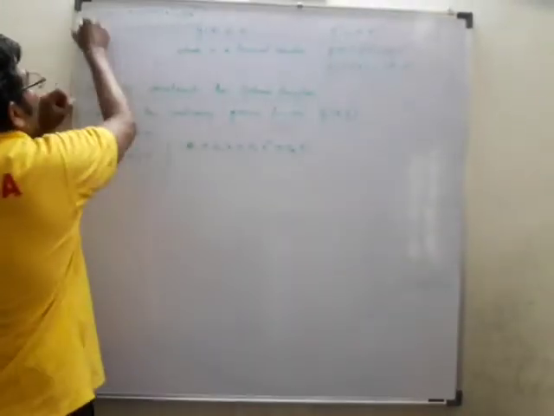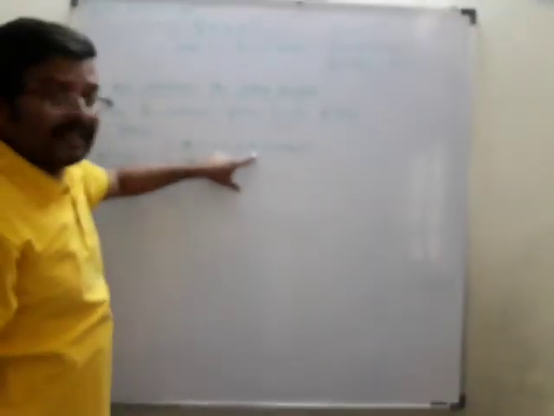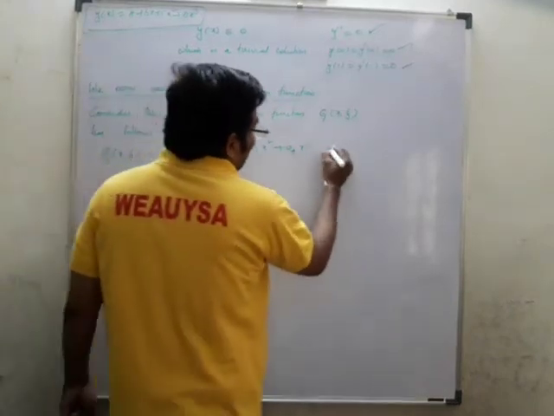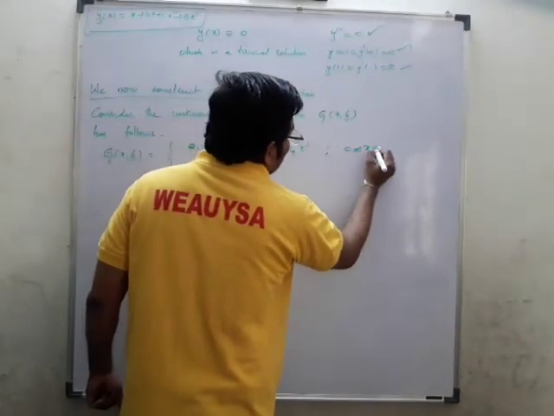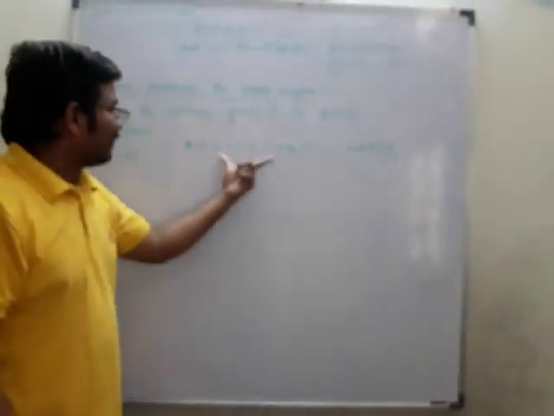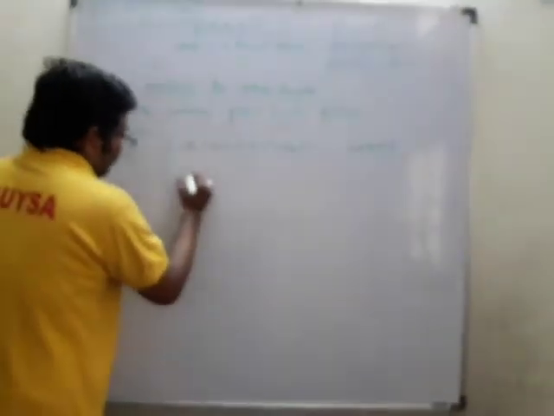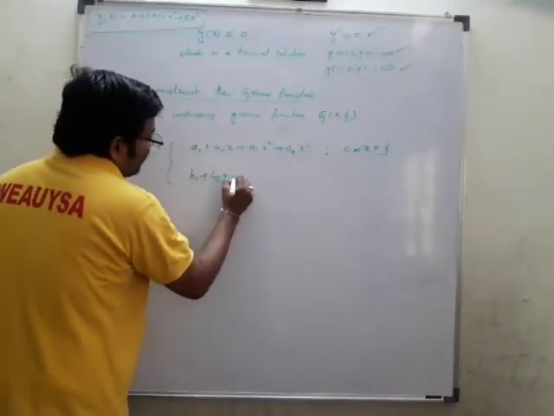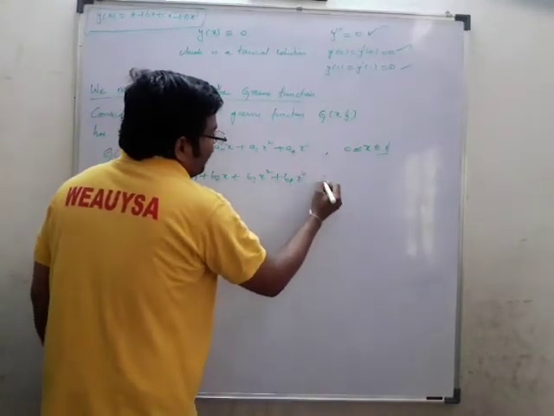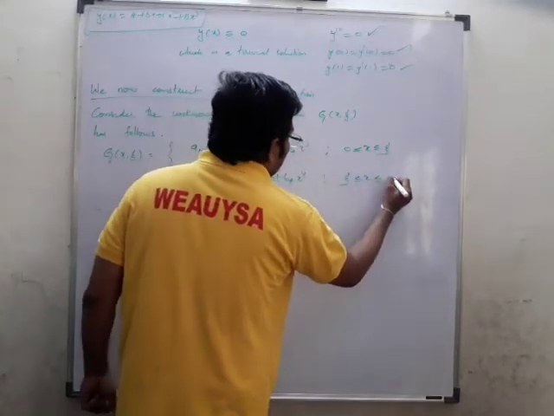So from here we have taken a1 plus a2x, a3x square, a4x cube, under the condition x greater than or equal to 0, less than or equal to z. Now we are constructing g of x comma z with the help of this. In the same way, b1, b2x plus b3x square plus b4x cube, under x greater than or equal to z, less than or equal to 1.